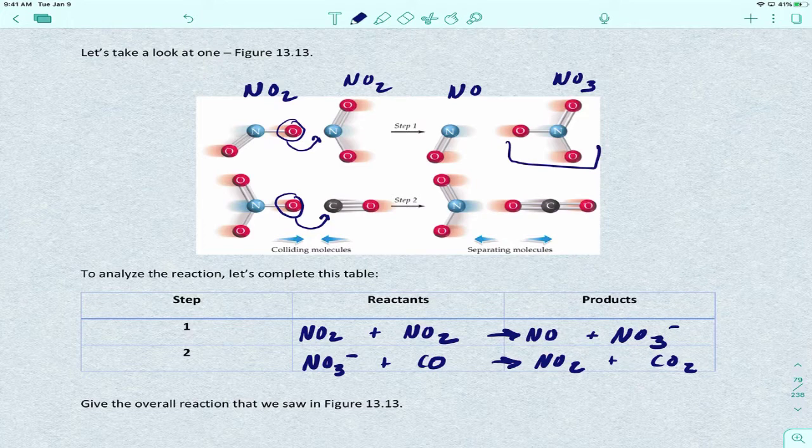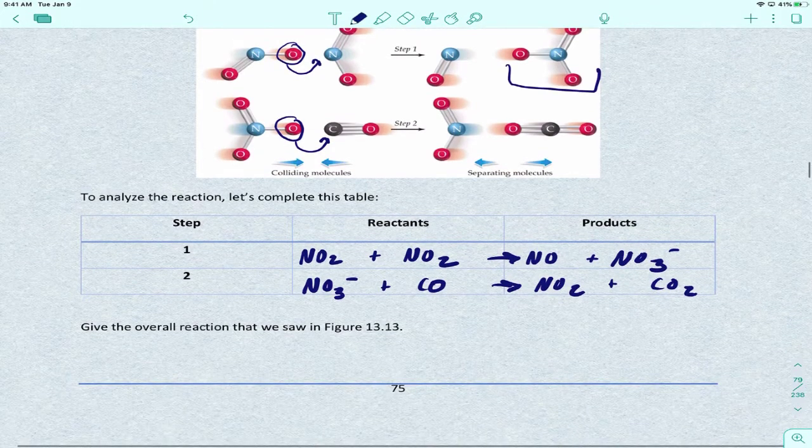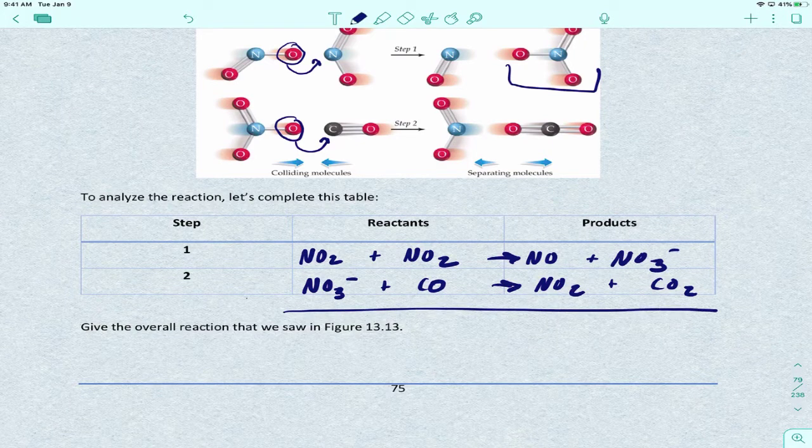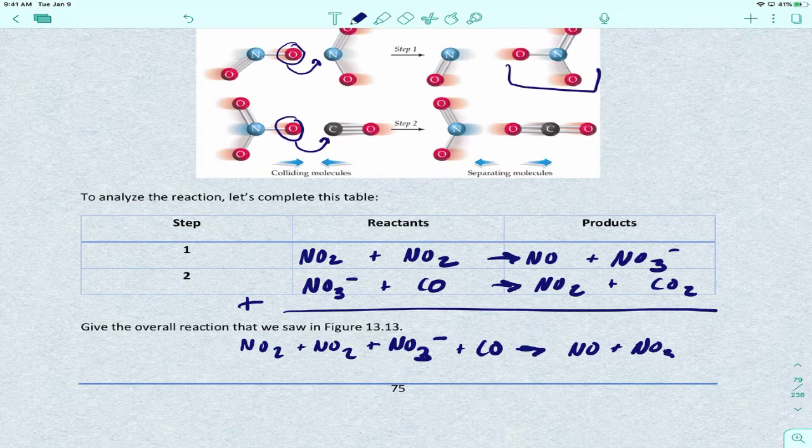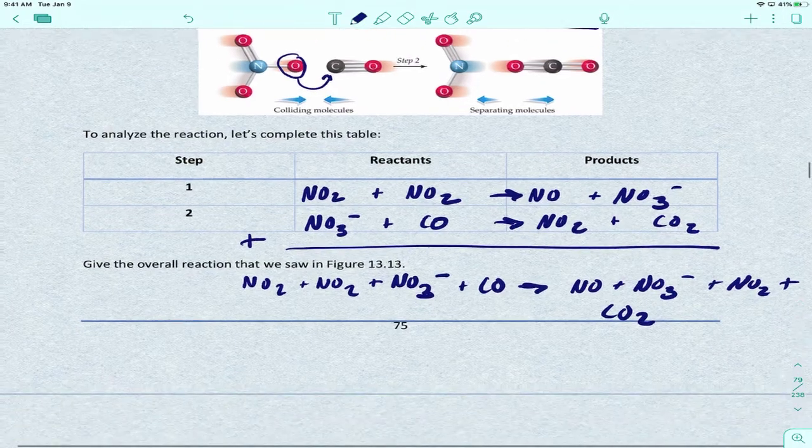Now, if I add both steps up, let's see what we get. We've got NO2 plus NO2, and then I'm going to add that to the reactants of step 2, so you've got NO3 minus and CO. I'm going to add all the products up, so you get NO plus NO3 minus plus NO2 plus CO2. Now, are there things on the left-hand side and the right-hand side that cancel out?